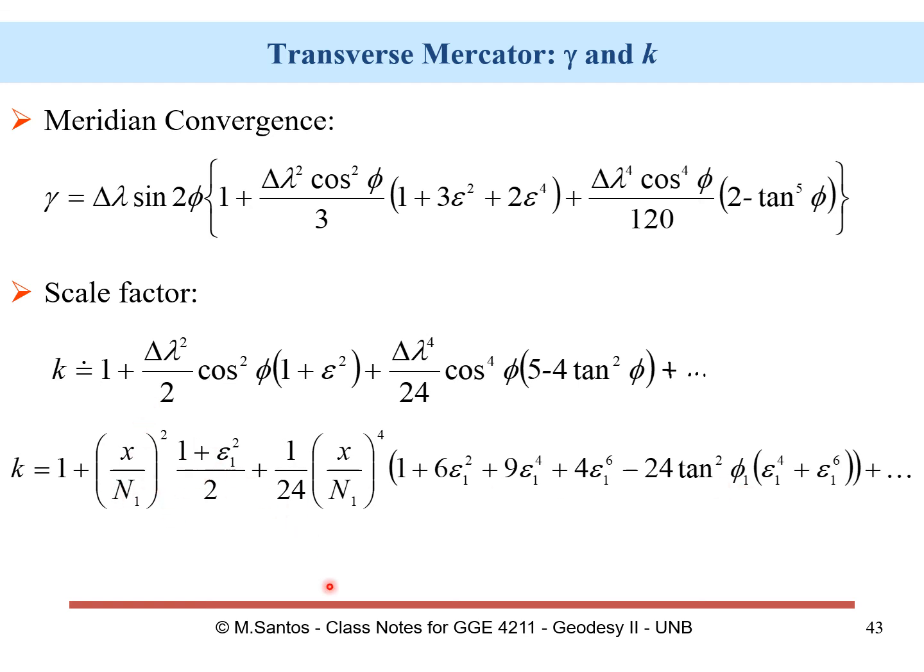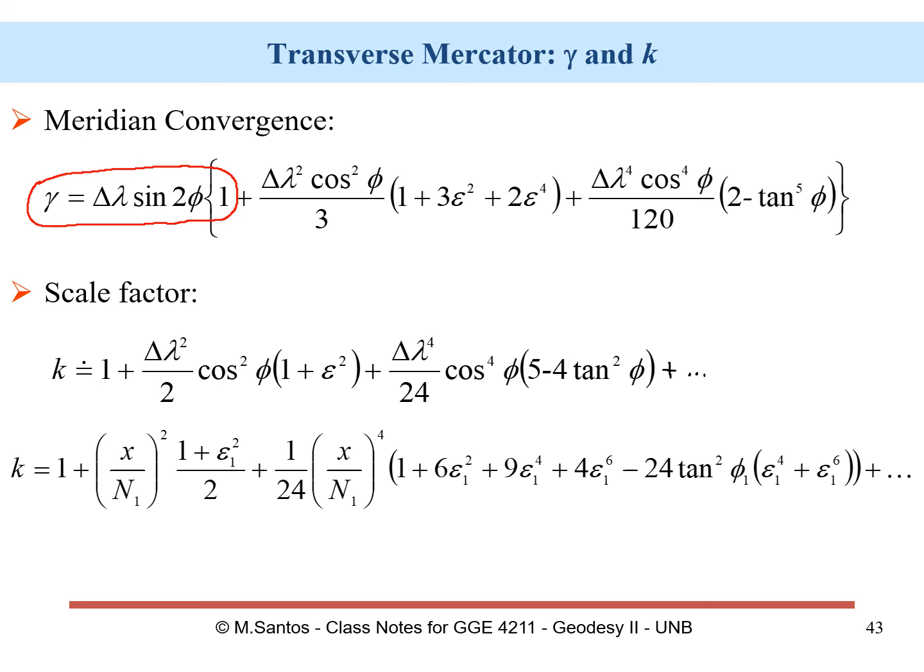Now, one interesting thing is that with this expression here, if you want to make a fast computation of the meridian convergence, we can use this term here, delta lambda sine 2 phi. It's a very good approximation. In geodetic computations, we're going to use something slightly more accurate.